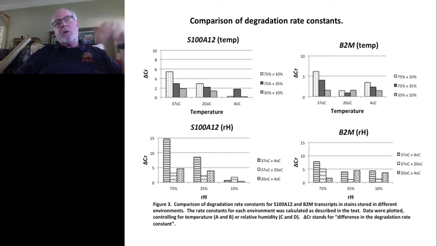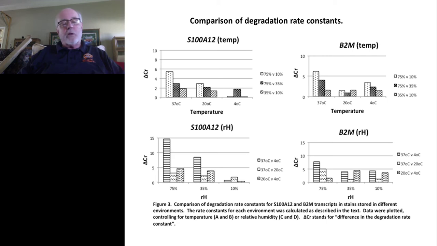So when the curve gets to its highest value, the delta CQ value there minus the delta CQ value at time 0, divided by the amount of storage time it takes to get to that maximal value.